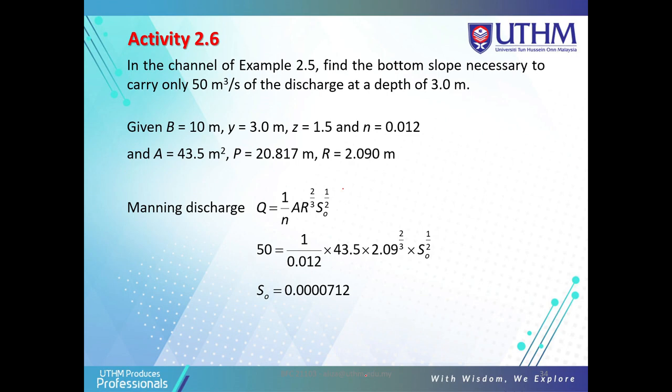You can use these equations to find the S naught. Actually, you must read the questions properly and understand what the question wants you to find. If you know, you can do your calculation, and you get the S naught here.